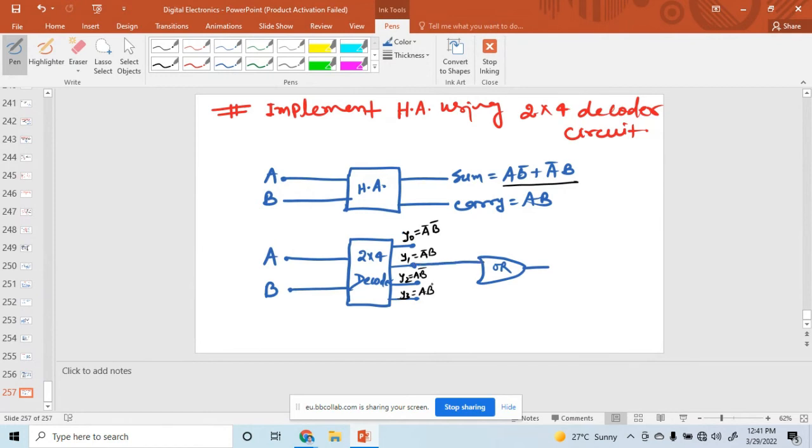Y1 is the input and Y2 is the input of the OR gate. And then this output is called sum. And carry is just Y3. So this Y3 is simply called carry.